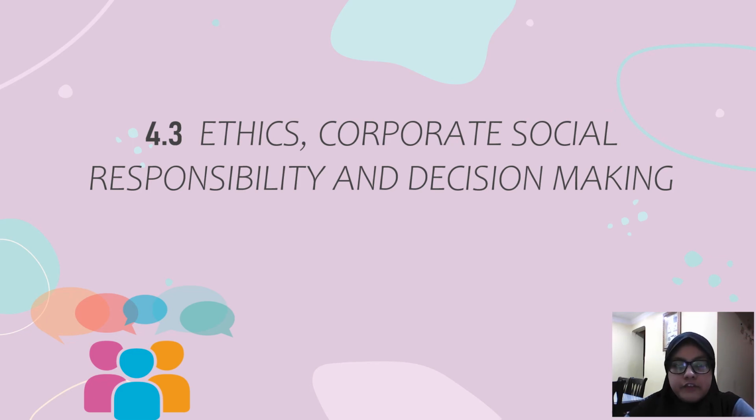As you can see on the slide, the title is Ethic, Corporate Social Responsibility and Decision Making. Okay. The first one is ethic. Ethic is a branch of philosophy that involves systematizing, defending, and recommending concepts of right and wrong behavior. Then corporate social responsibility is defined as a self-regulating commercial enterprise management that helps the enterprise be socially accountable to itself, to its stockholders and the public.